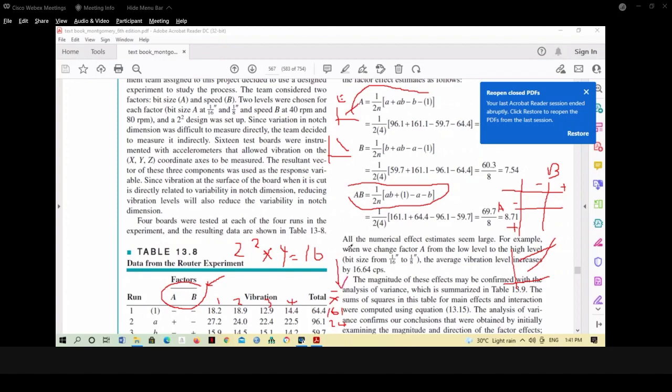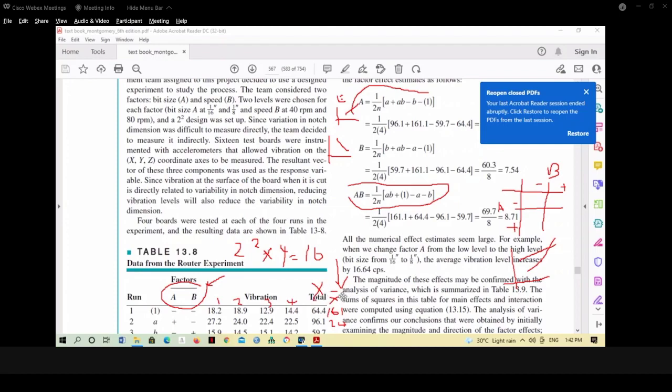For graphical analysis, always base it on the mean, not on the sum. I have seen so many students in test one in previous semesters construct the graphs using the sum. No, you don't use the sum for graphical analysis. It's wrong.